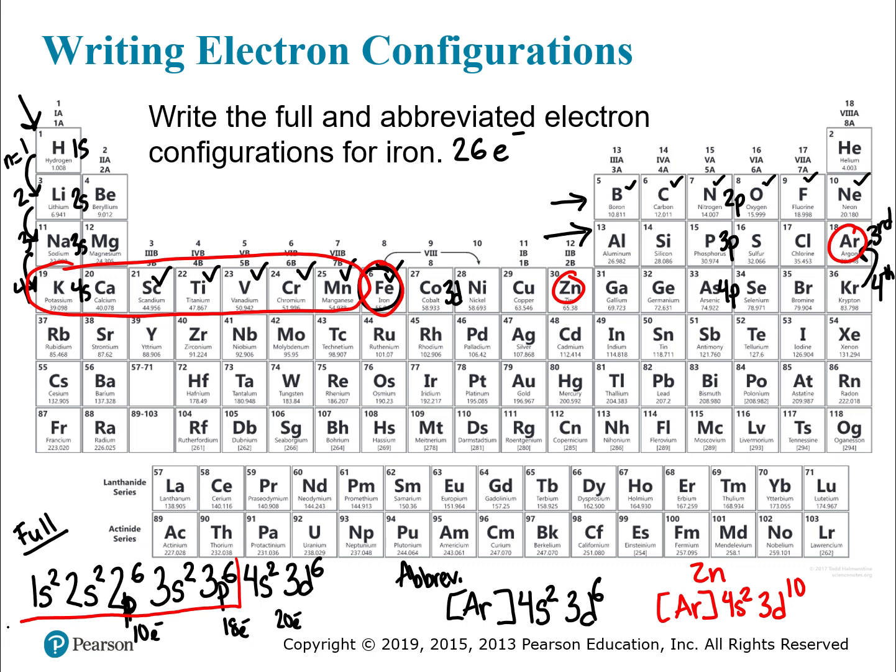So in that case, you typically wouldn't write the abbreviated form for a noble gas. But yeah, you would have to use neon and then fill everything else in. You can't say that the configuration for argon is argon. You can't say that. So yes, you would. You're welcome.